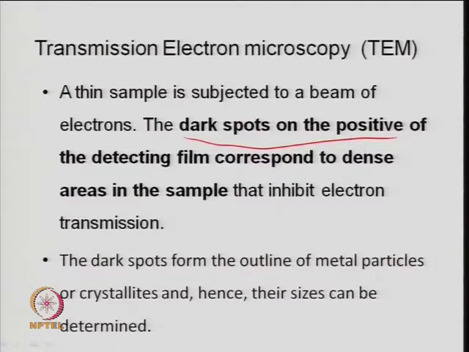Suppose there is platinum, then it will show black, but if it is alumina, the electron will transfer through the pores of that. The dark spots form the outline of the metal particles or crystallites, so that can be used to find out the composition. This can be used to find out the morphology and topology like SEM, but TEM gives you a 2D plane over the total mass of the solid.